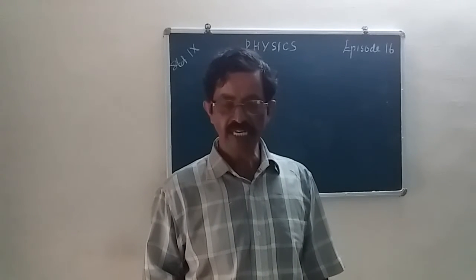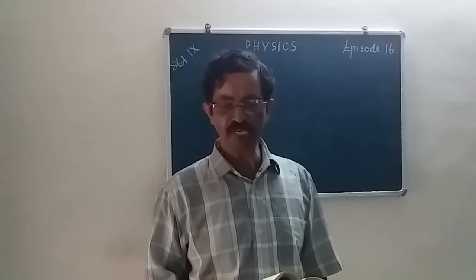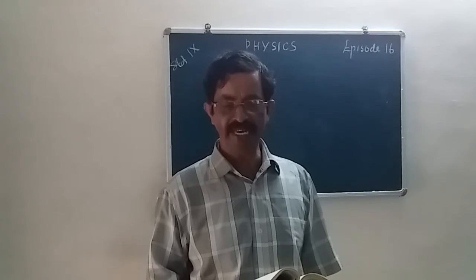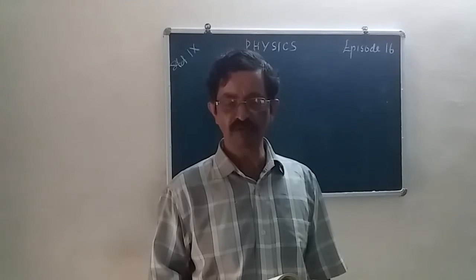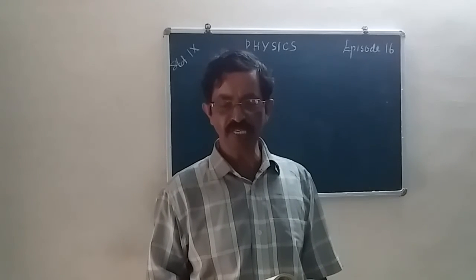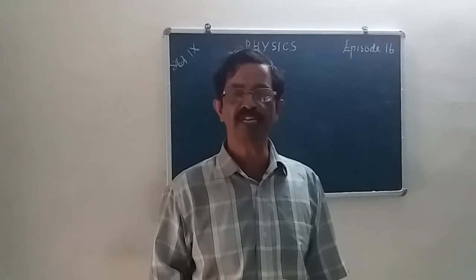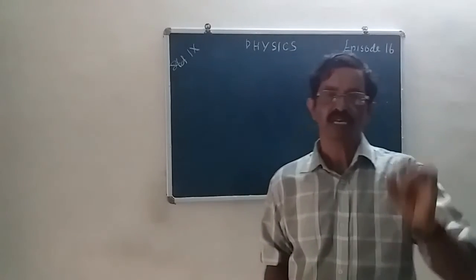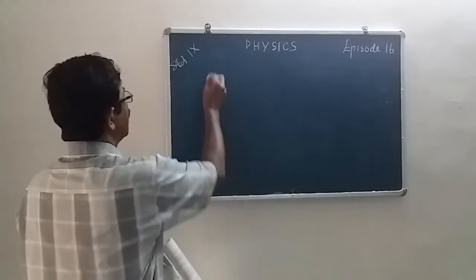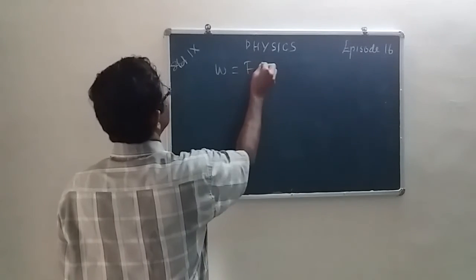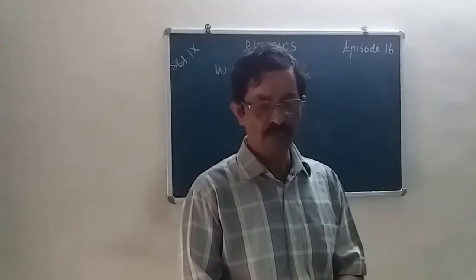Second question, write an expression for work done when a force is acting on an object in the direction of its displacement. If the displacement is in the direction of force, then work W is equal to F into S and it is positive.